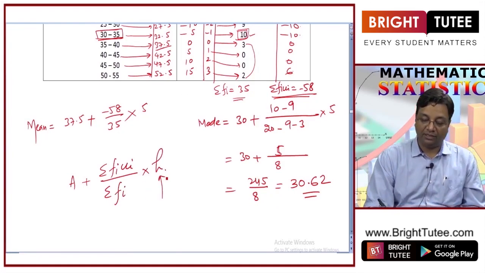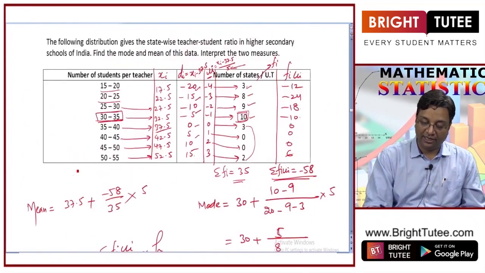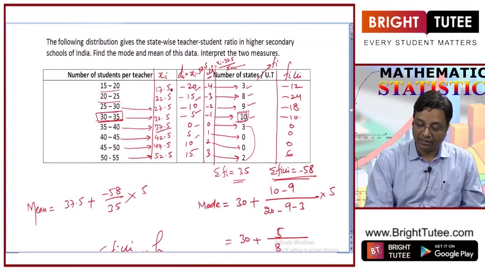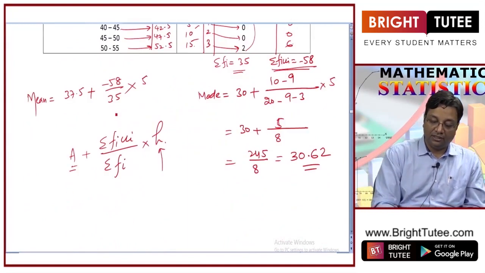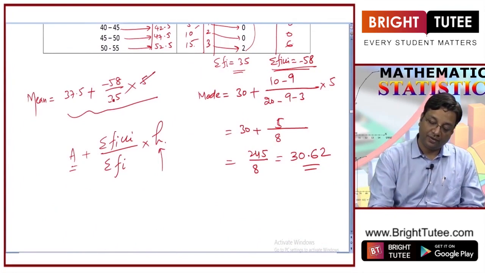H is the number that we divided all this data with, right. And what was a? A was the number that we subtracted from this data, that was 37.5 in this case. So, this formula here will give you the mean, right.